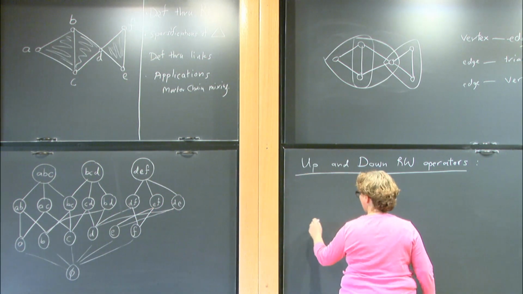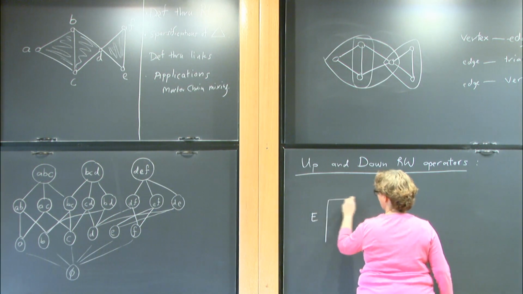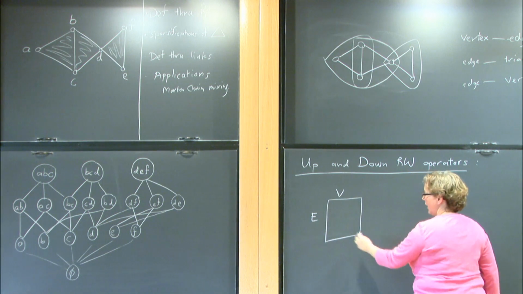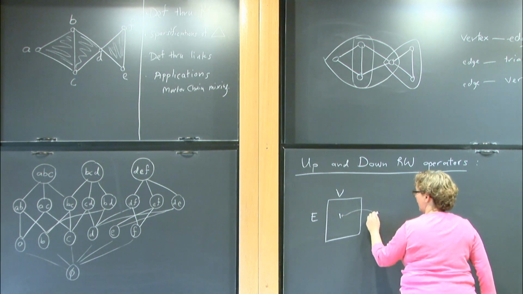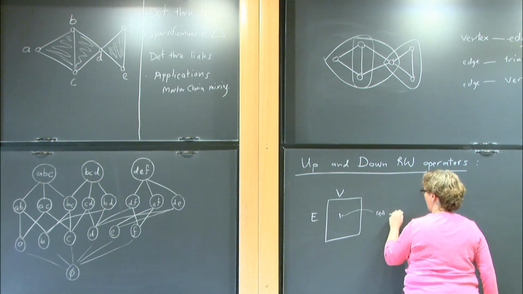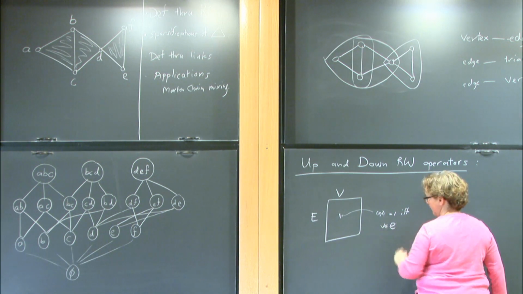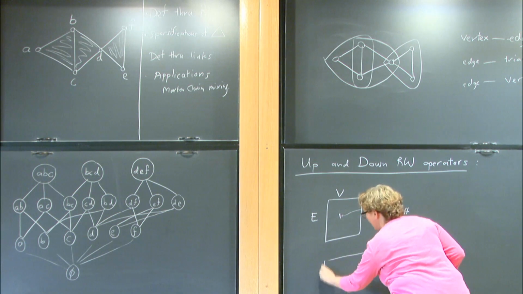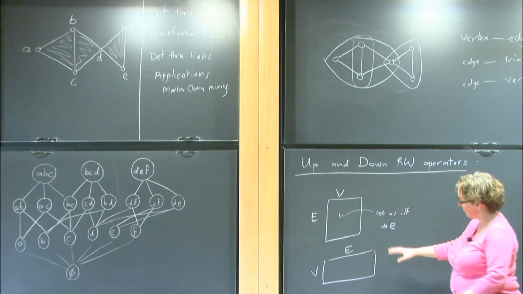For example, let's look at the edges versus vertices. Here I have all the vertices, and here I have all the edges, and I put a 1 in this location, E,V, if and only if V is an element inside E. This adjacency matrix, I can also write this way, V and E. It's the same matrix.